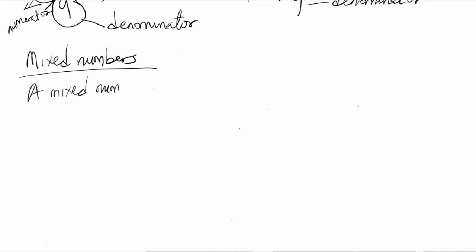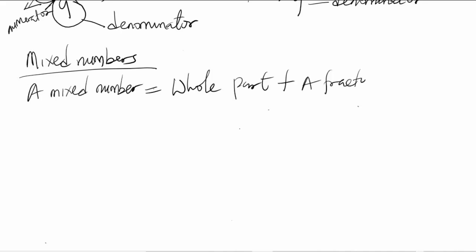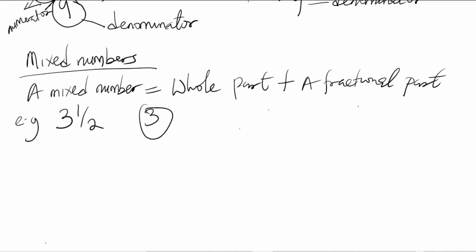E.g., 3 1/2 is a mixed number. 3 is the whole part and 1/2 is the fractional part.